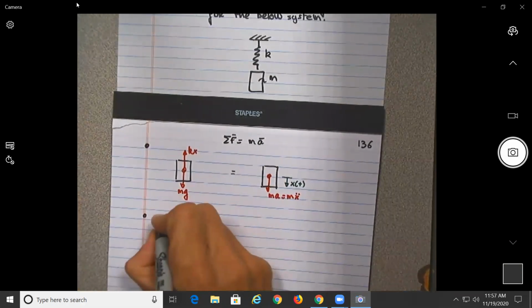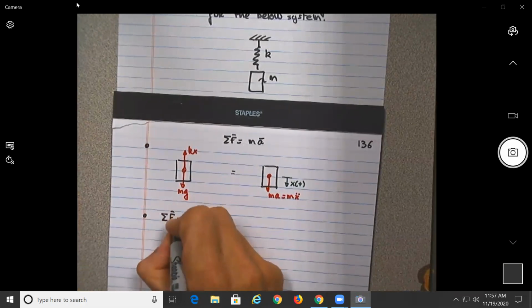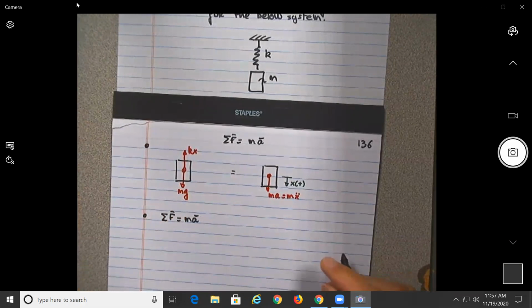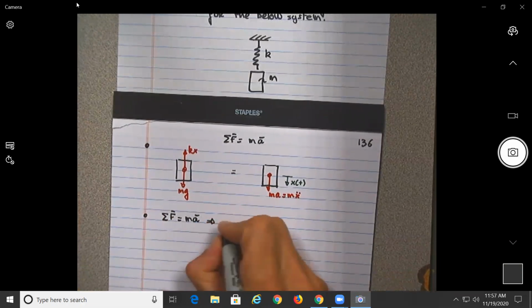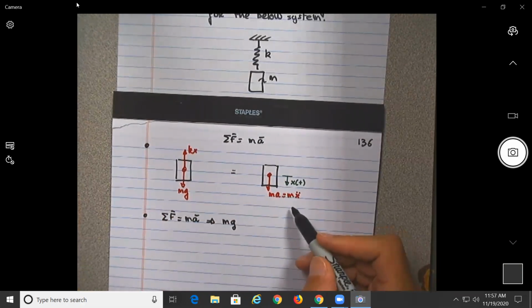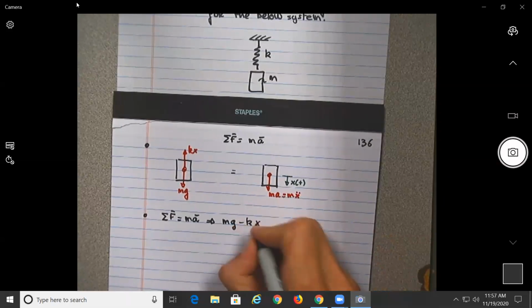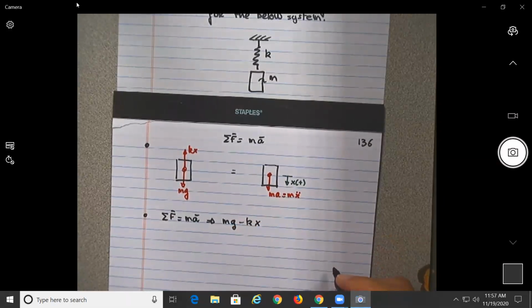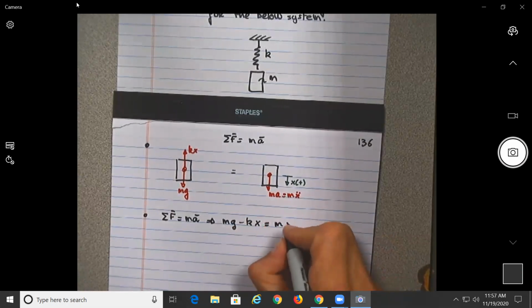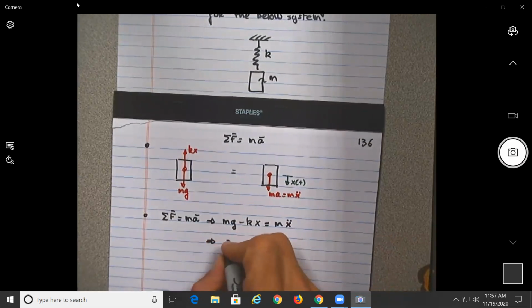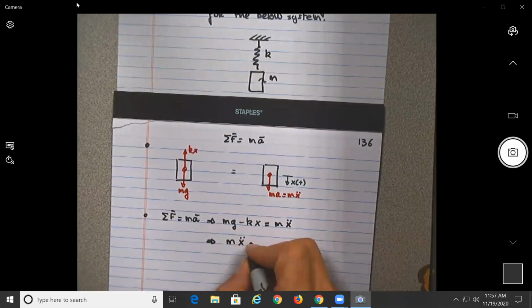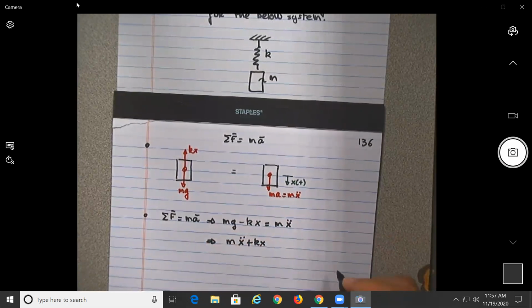Then from the figure, you write down the equation. Okay, so if you write down the equation, positive is down, this will give you what? Positive mg minus kx will be equal to m x double dot. So finally, the equation of motion of this will just be m x double dot plus kx equal to mg.